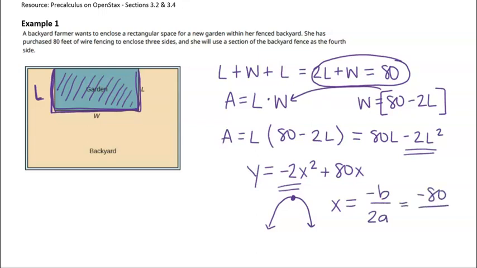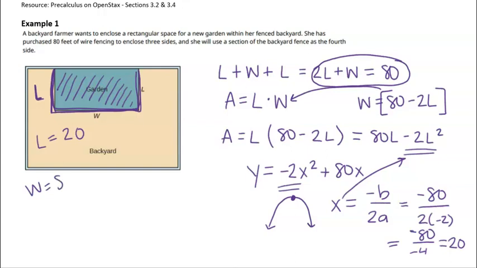So negative 80 over 2 times negative 2. Negative 80 over negative 4 gives me 20. And in place of x, I did L. So a length of 20. And then I can find out what my width would be. And that's going to give me my maximum area.